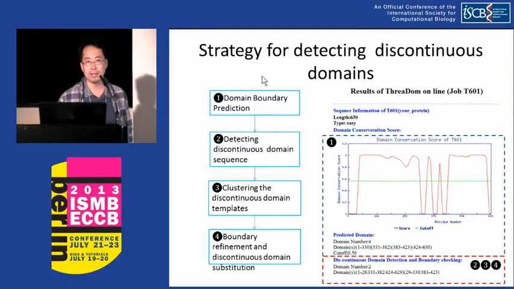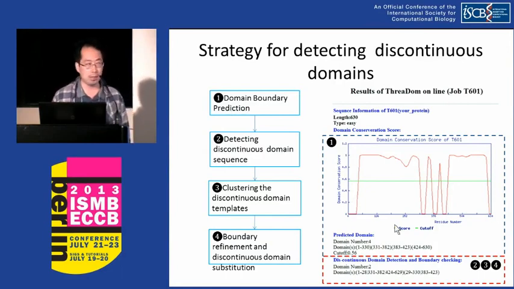The third is clustering the discontinuous domain templates. There may be many, more than 15 templates. We cluster them into different clusters. The first cluster is chosen to refine or substitute the domain prediction from the first step.